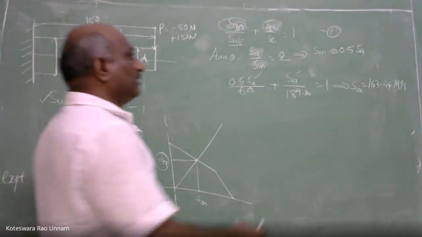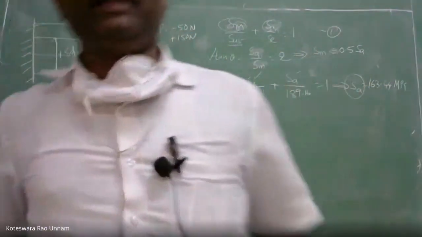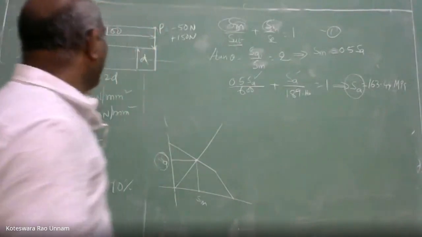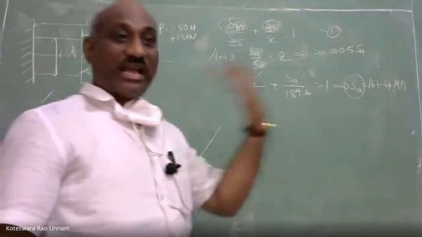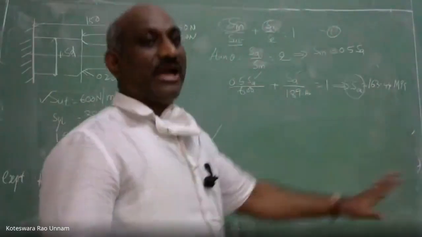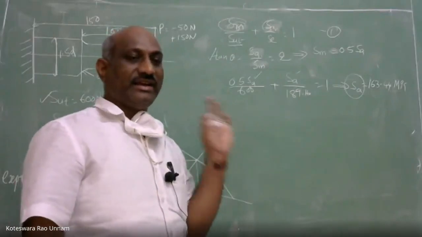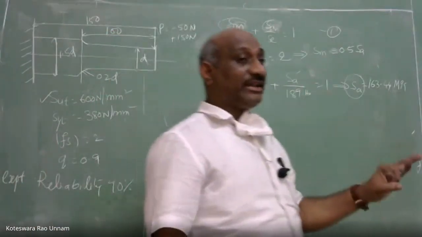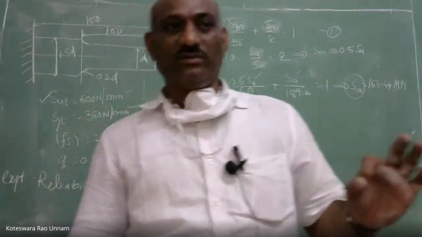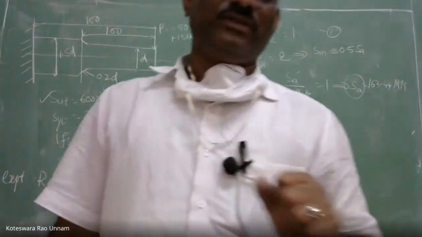Okay, so now this Sa value, whatever I got, I will call it the equivalent endurance strength of the component when this component is subjected simultaneously to mean stress as well as amplitude stress. Earlier we defined only the fatigue strength or endurance strength for a completely reversible cycle. That means when the mean stress is 0, then we are taking Sa as the criterion to estimate the life.